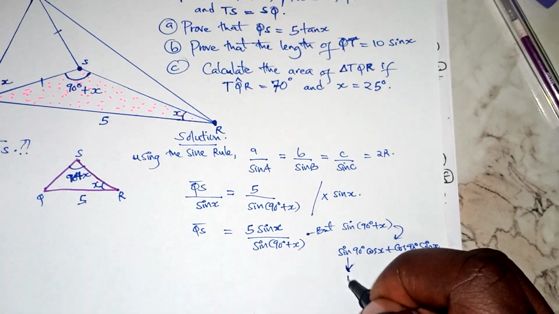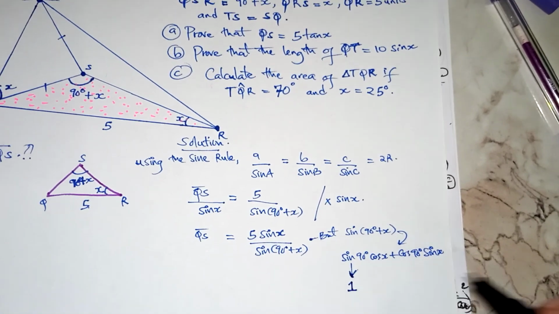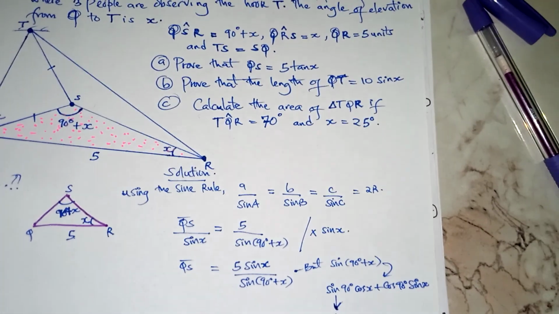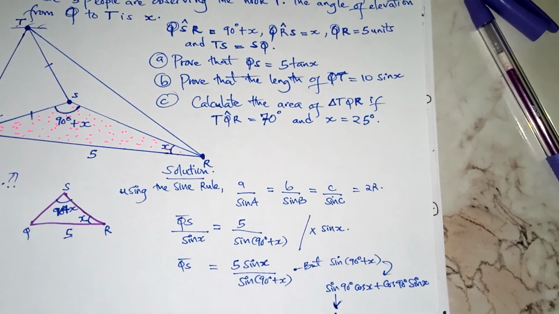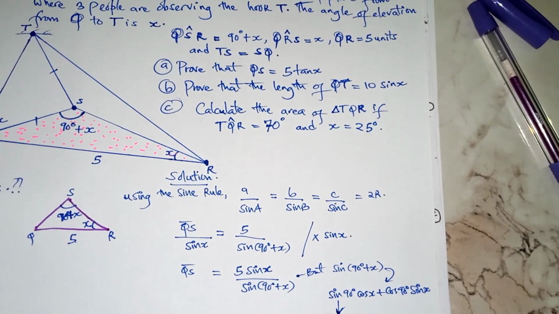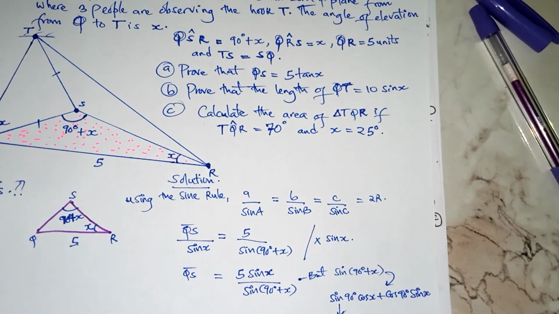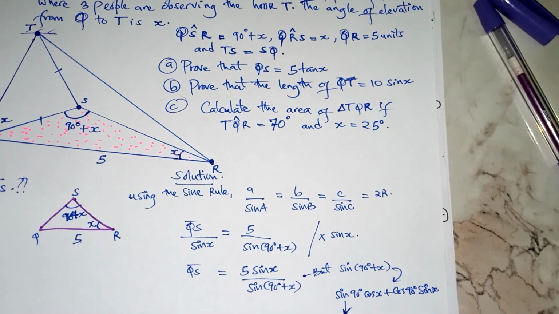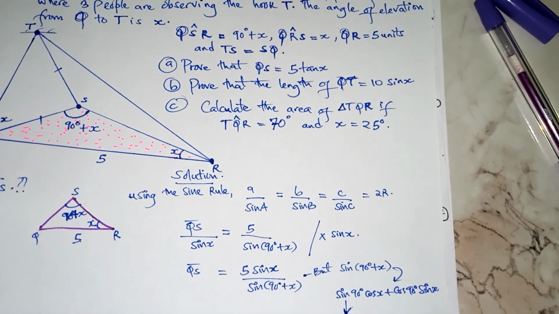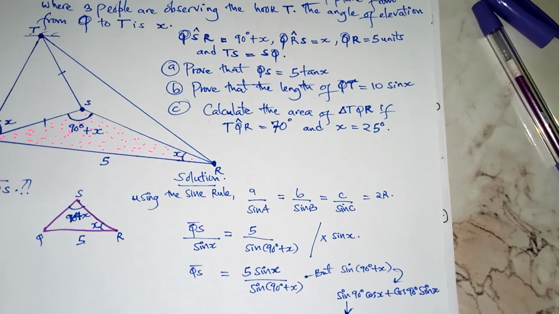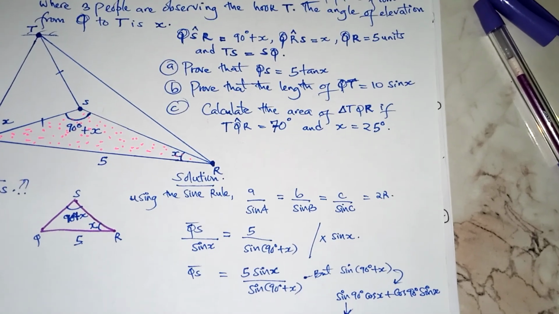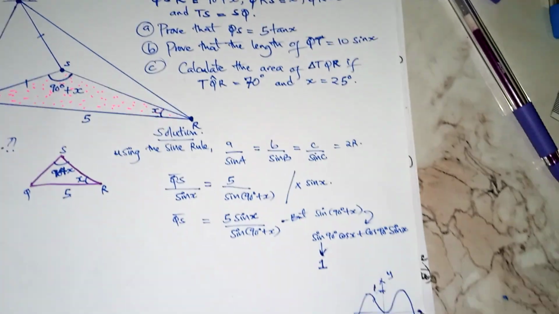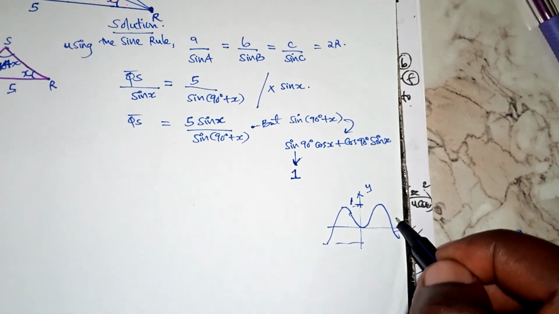Is 1. Why? Because from the sine curve, you guys, I think you know this. This is 1 here. That's where sine is maximum. This is y, this is the x.